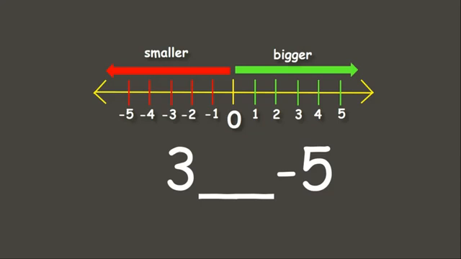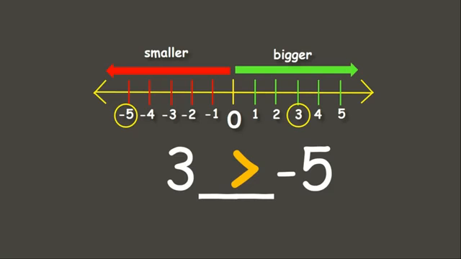When we take a look at here, it seems that negative 5 is greater than positive 3. But since all positive numbers are greater than negative numbers, it means that positive 3 is greater than negative 5.